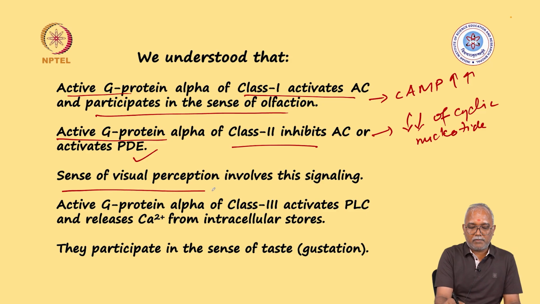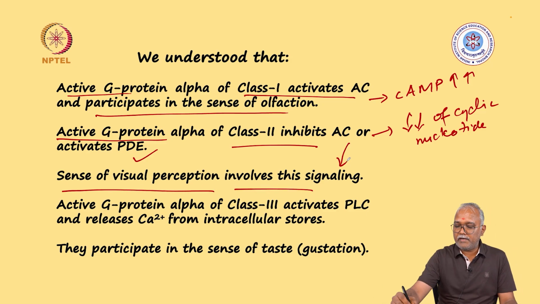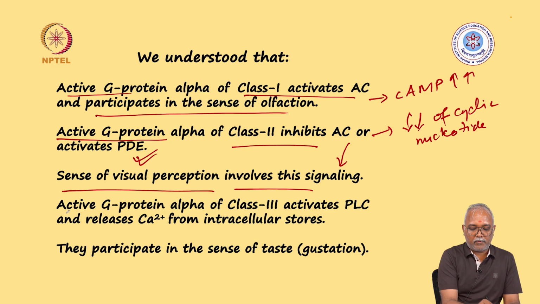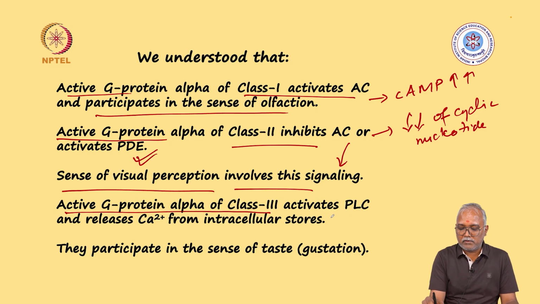The sense of visual perception involves this kind of signaling, where the PDE activity is increased and cyclic nucleotide levels go down. The active G alpha protein of class 3, which is G alpha Q, activates PLC.